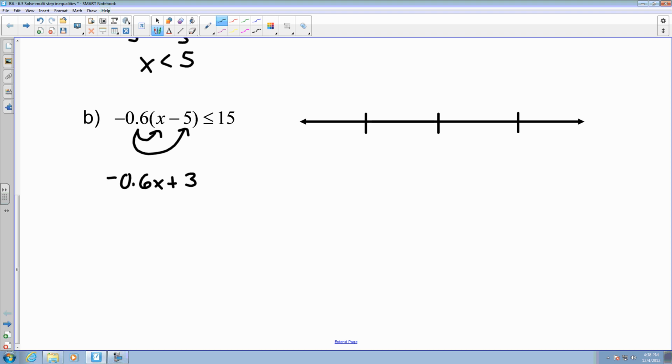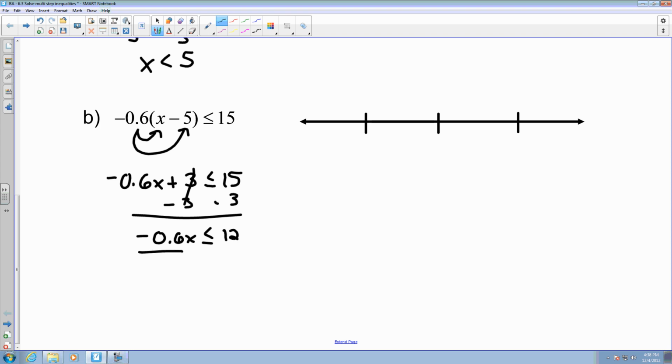And a negative times a negative gives me a positive, so now I have less than or equal to 15. Now I'm going to subtract 3 from both sides. That cancels, which gives me negative 0.6x is less than or equal to 12.